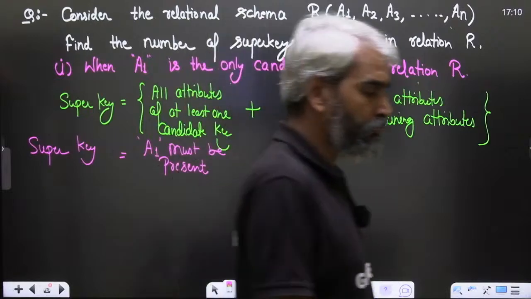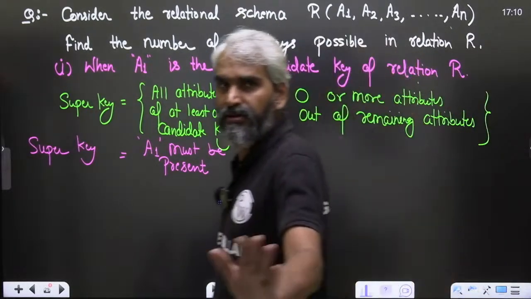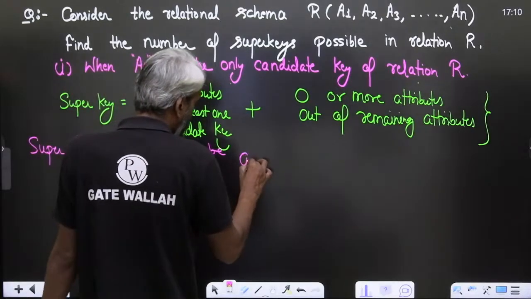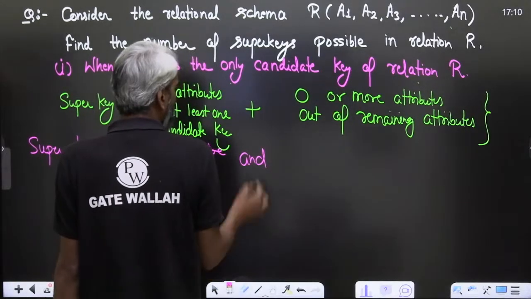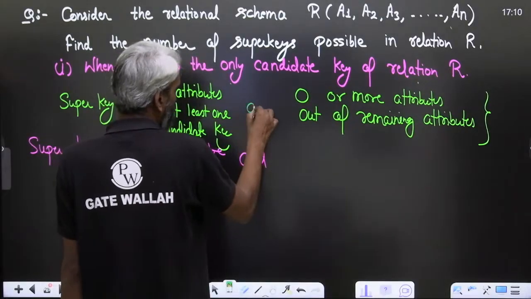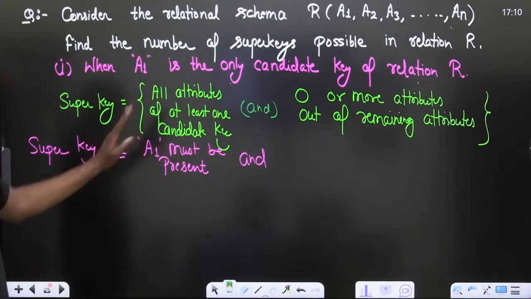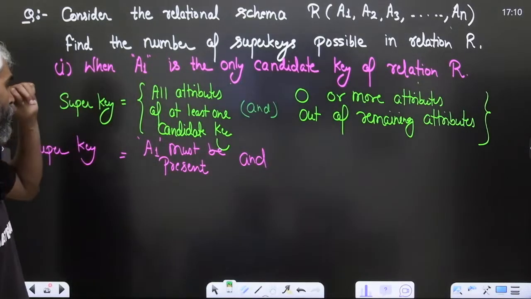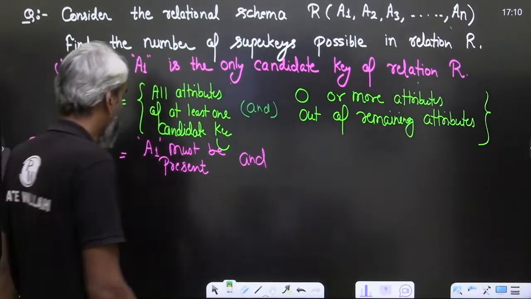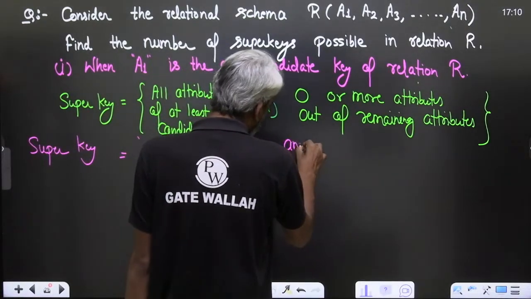Therefore, all attributes of that candidate key, A1, must be present, and apart from that, 0 or more attributes out of the remaining. So A1 must be present. If you have already chosen A1, how many remaining are there? Sir, n minus 1.